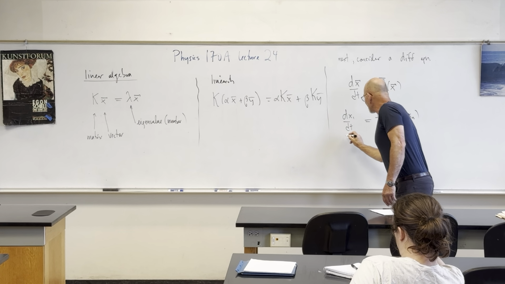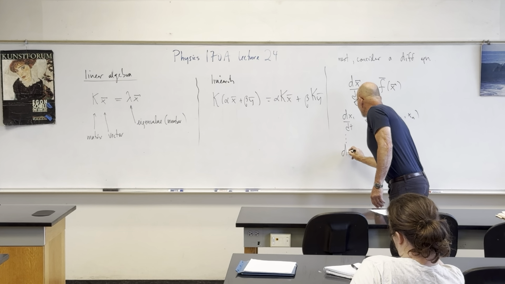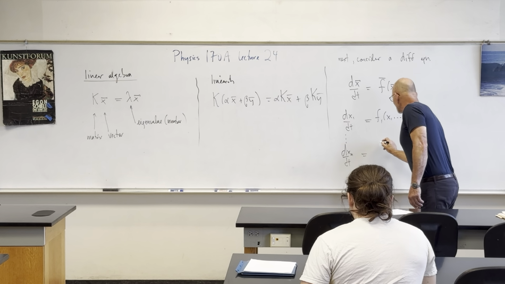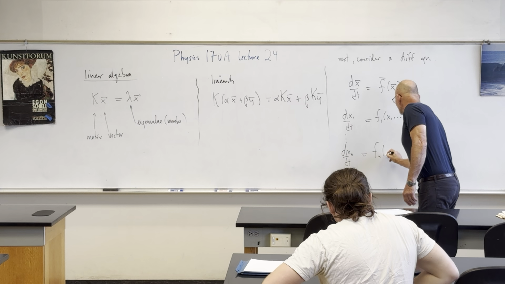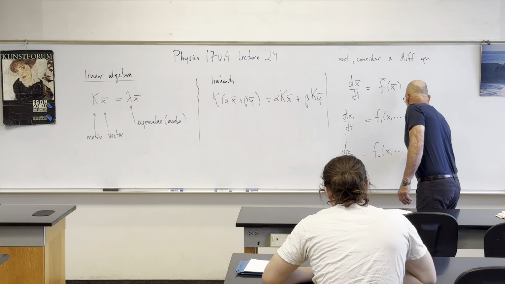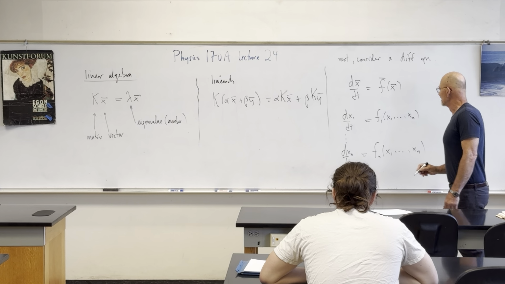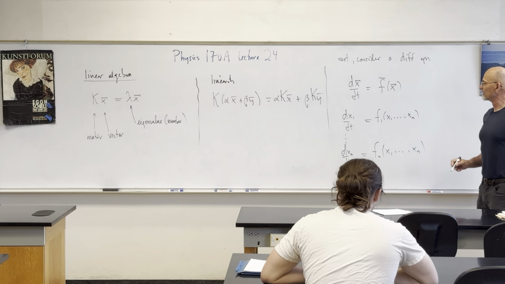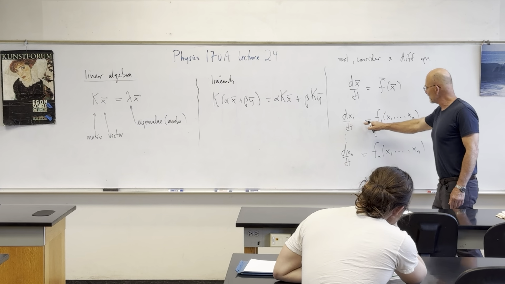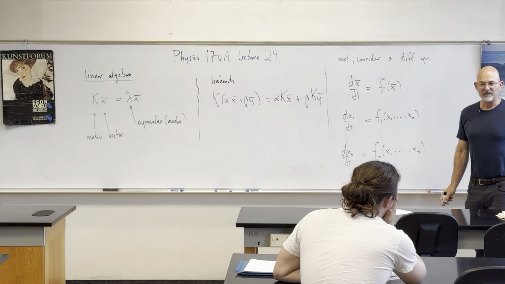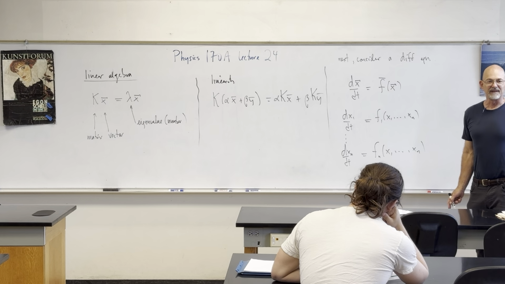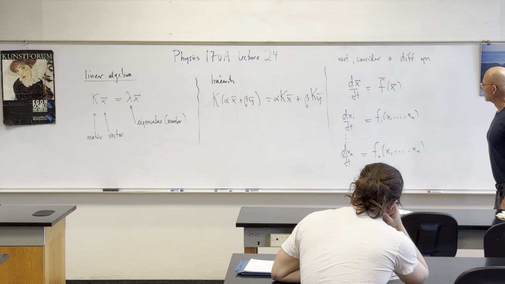And we go all the way down the line, dxn dt equals the nth function there, of x1 to xn. So yeah, then we have coupled differential equations. Each one of these variables is a function of all the other ones. And this could be practically anything. This could be a very complicated thing.